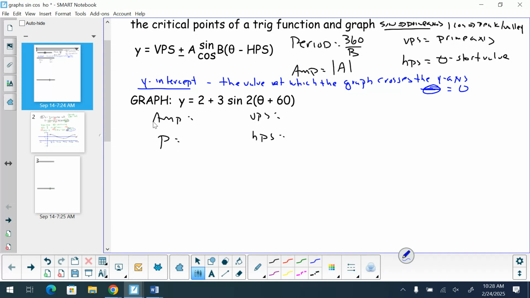Well, if we look at our equation, what would be your amplitude? What would be the period? What would be the vertical and horizontal phase shift? So write down your amplitude, period, vertical, horizontal phase shift. Check your answer with somebody around you.